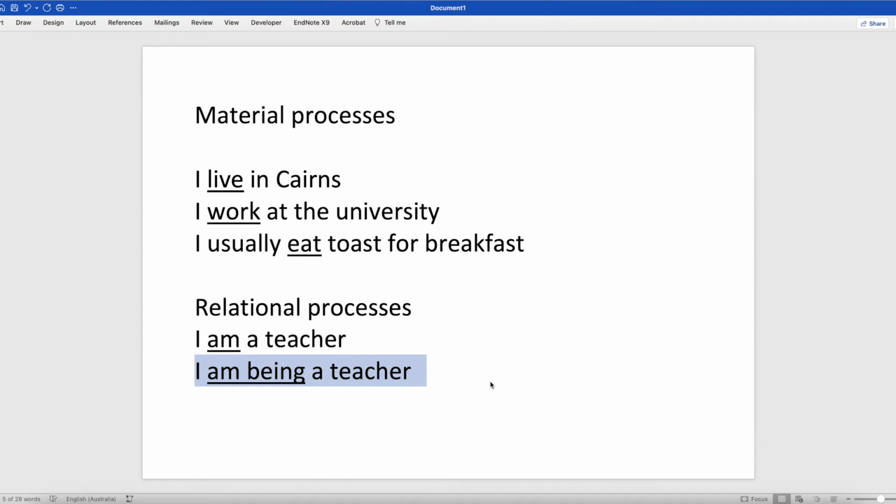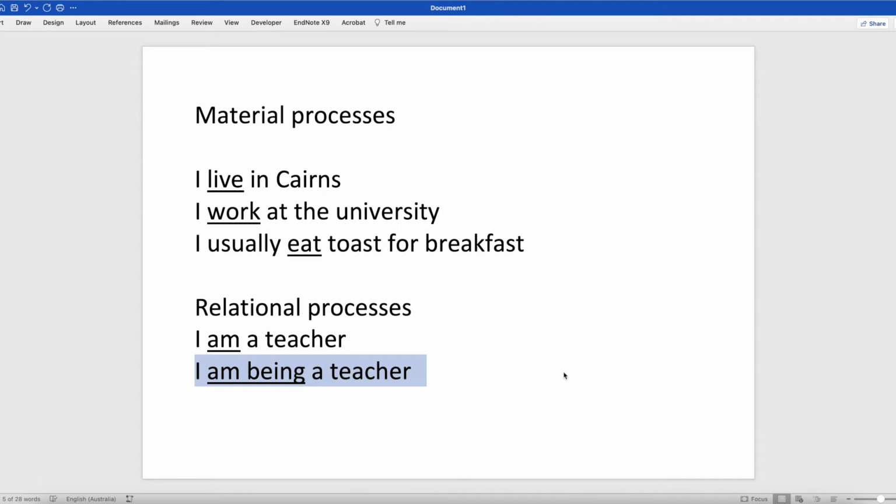So with relational processes, in fact, this one's very strange. It's not that it's strange, it's just that the situation in which we would use this sentence is very restricted.